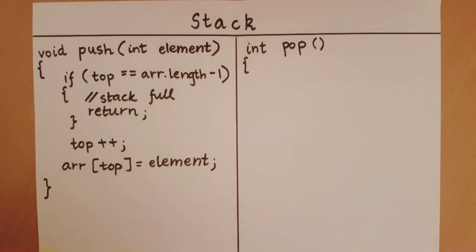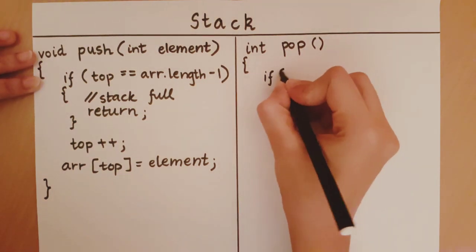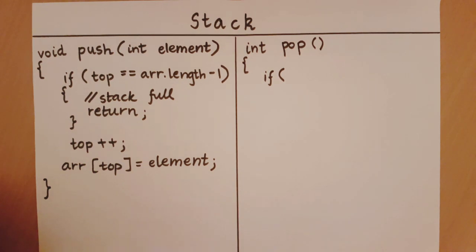Now, before we remove any element from the stack, we need to check whether the stack is empty. If the stack is empty, there is no opportunity for us to remove an element from the stack because there are no elements in the stack. So, the first check we do is if the stack is empty. If you remember, in the very beginning when the stack is empty, top is equal to -1.